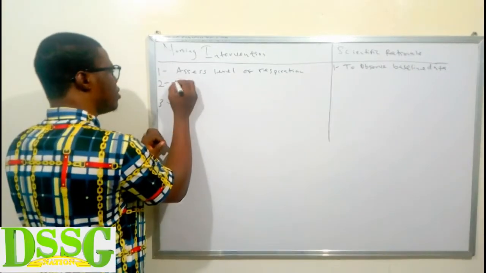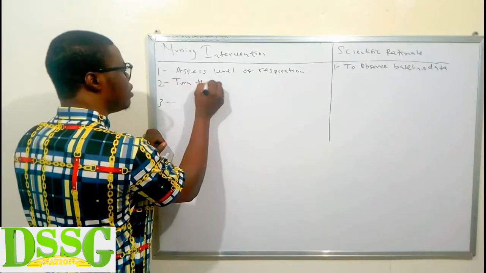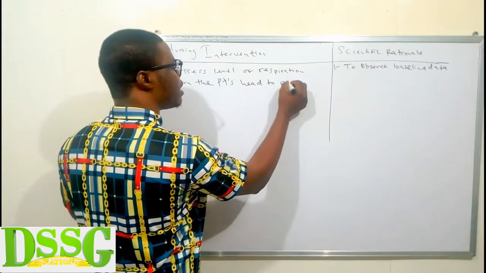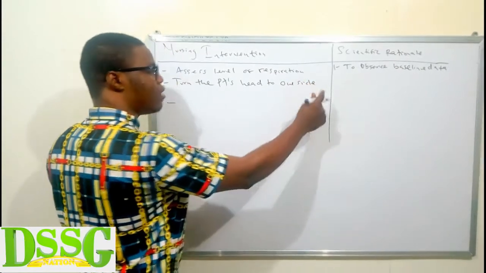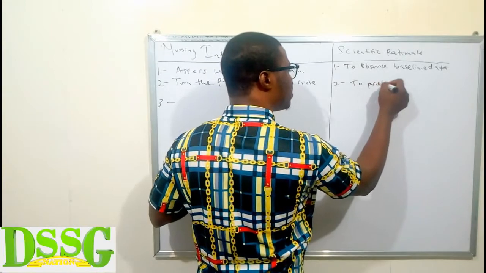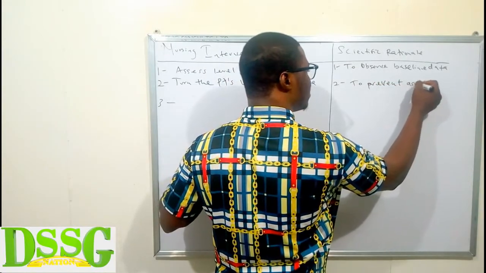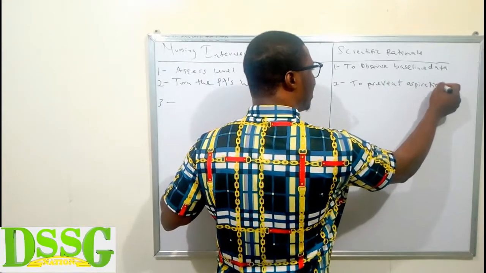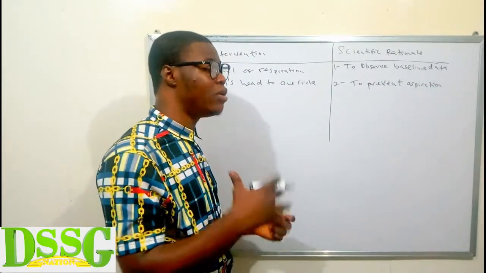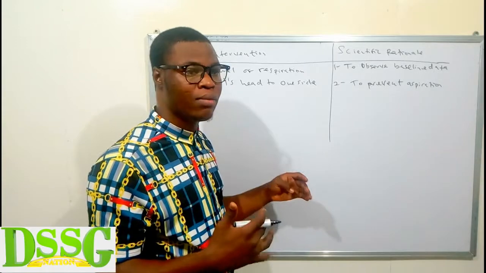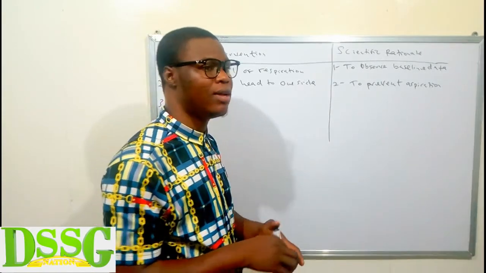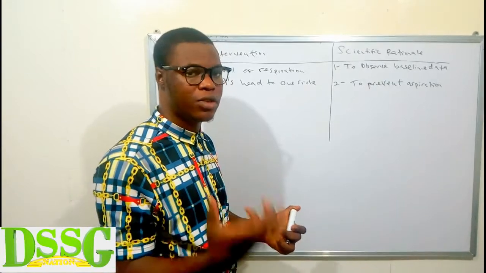So you say, turn the patient's head to one side. So rationale will be asking you why. To prevent aspiration. And another thing you can put there that will really go with our diagnosis is to help clear the airways from secretions.